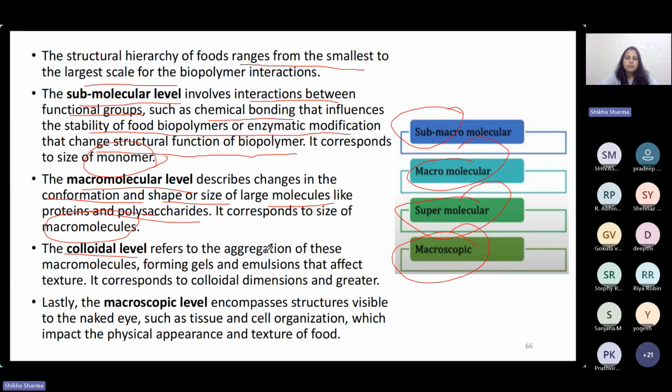Colloidal level refers to the aggregation of these macromolecules like gels or emulsions that affects the texture. So it corresponds to colloidal dimensions and greater. Lastly is the macroscopic level. It encompasses structures visible to the naked eye, such as tissues or cell organization, which impacts the physical appearance and texture of the food.